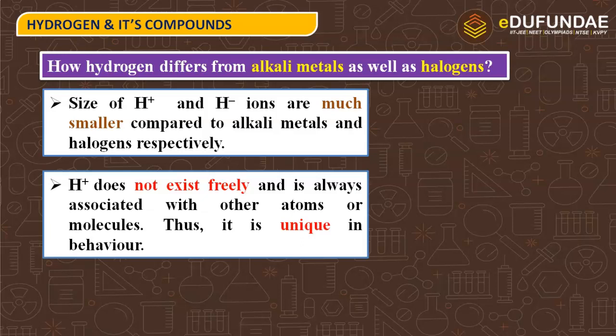Thus it is unique in behavior. जो H positive है that you all know is very very unstable and that is why it does not exist freely. और वो हमेशा associated form में ही हमें मिलेगा.